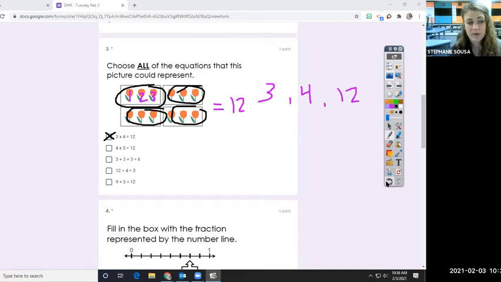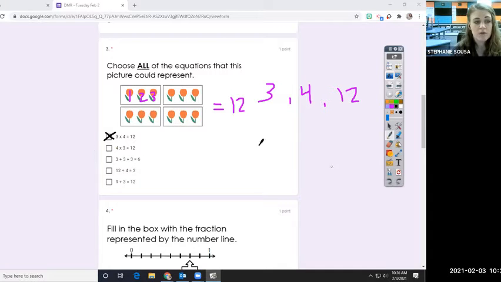4 groups. Okay. Next one, 4 groups of 3. Group 1, group 2, group 3, group 4. 1, 2, 3. 1, 2, 3. 1, 2, 3. 1, 2, 3 equals 12.